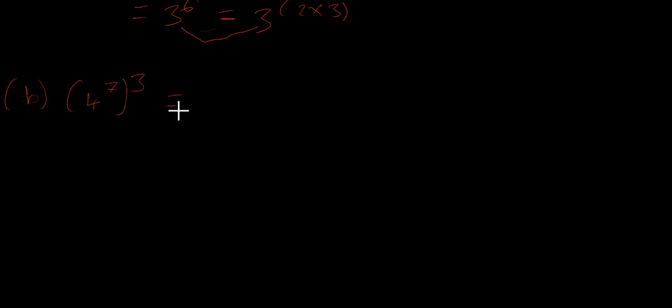We're going to apply the same principle, where we're saying open bracket m to the power x close, then to the power y. This is just the same as saying m to the power xy. So we're going to apply this principle here.